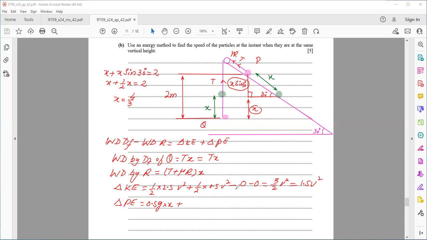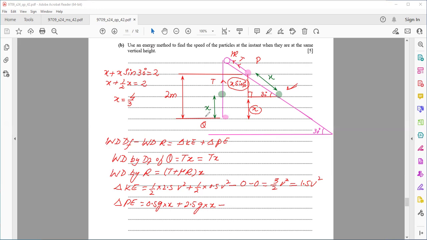Plus, the second thing is the final position of particle P, after covering a distance of x along the plane. Its height is again x, and that is the reference line. The reference line is that line which is the lowest level of the motion. So that will also be equal to mgh, where m is the mass, that is 2.5, g as it is, and the height in this case is x, minus their initial potential energy.